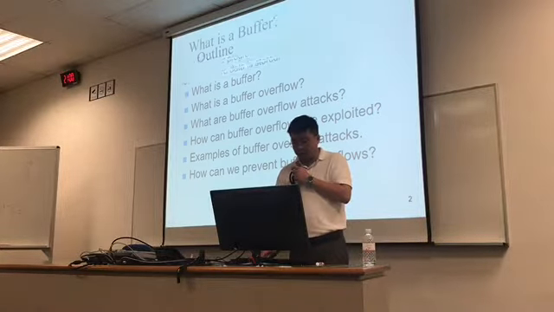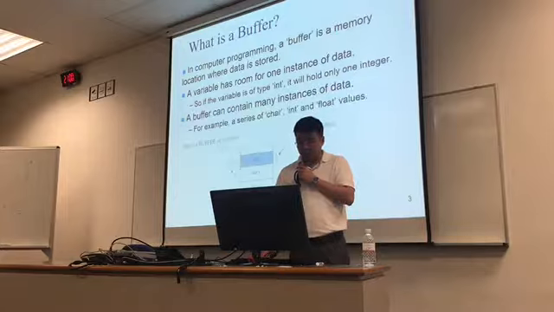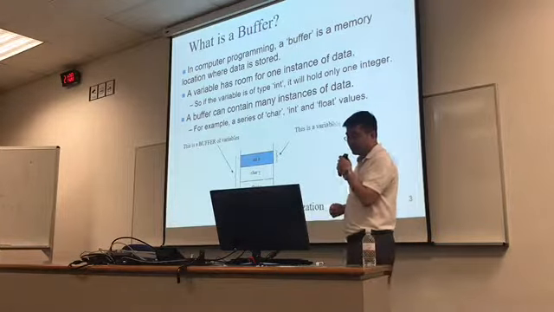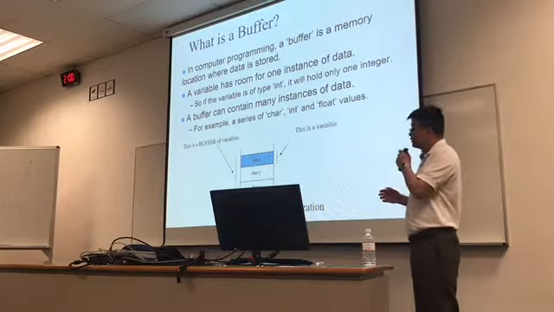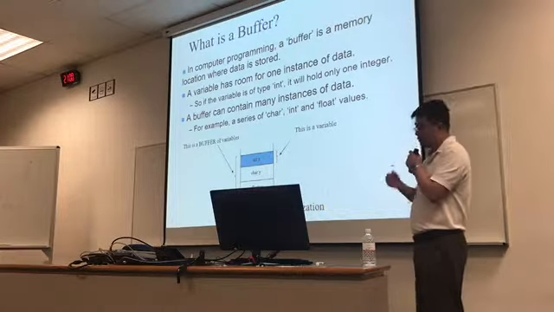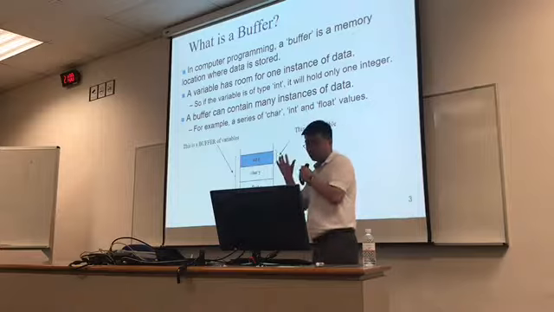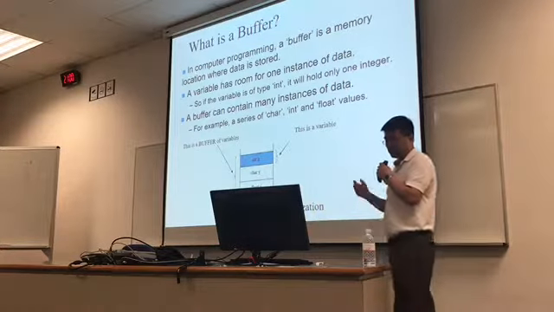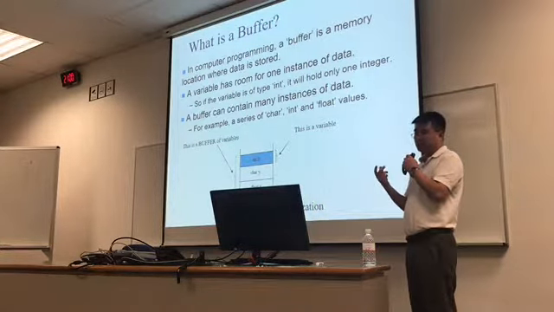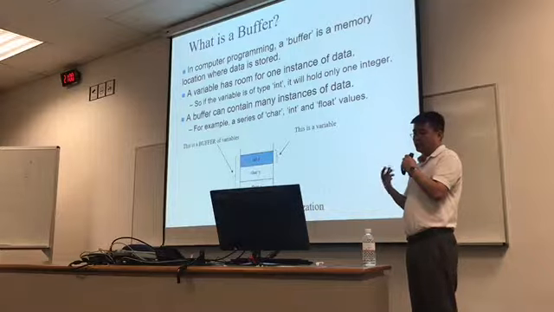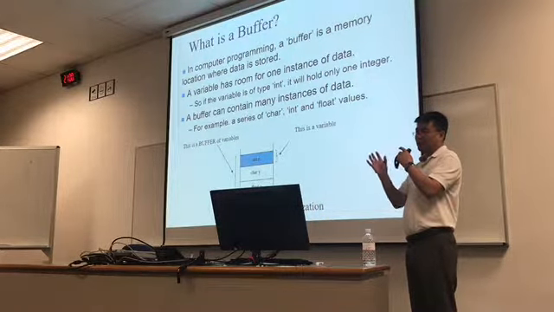Okay, so we will look at how this can be performed, what are the general techniques used by the attacker to launch this buffer overflow. So first of all, let's look at some basic concepts. We will look at what is a buffer and what buffer overflow means, and then how the operating system manages the memory.